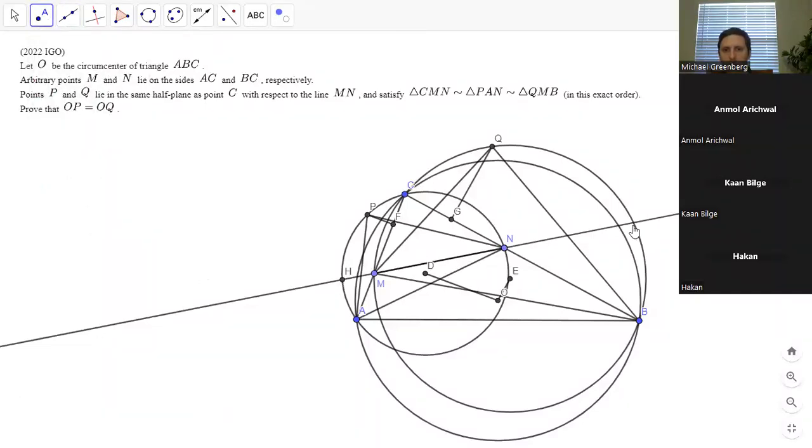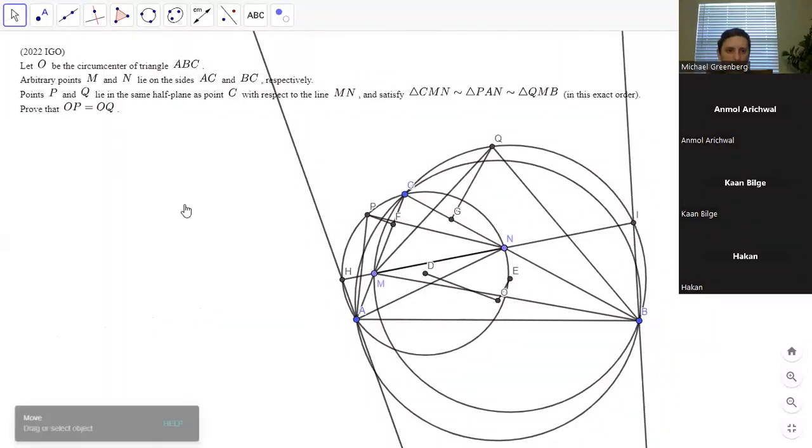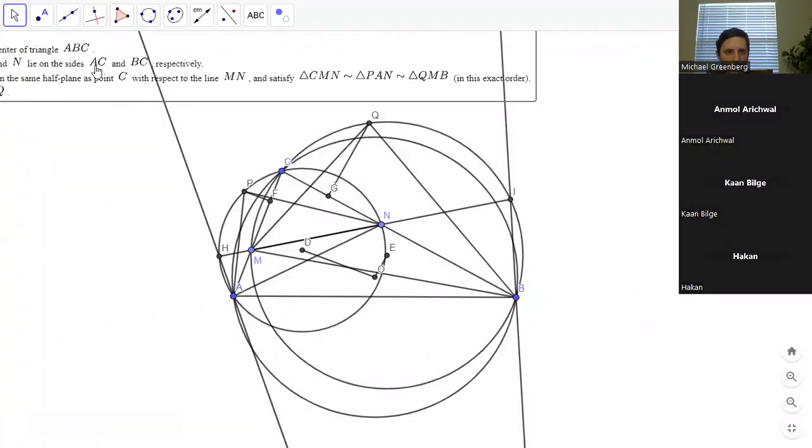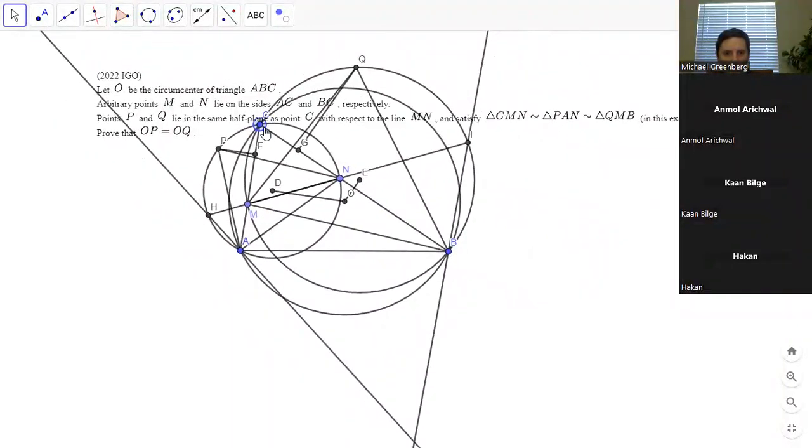Just these two circles? So not the circle of ABC, right? Okay. HA and IB. Okay. Let's see.